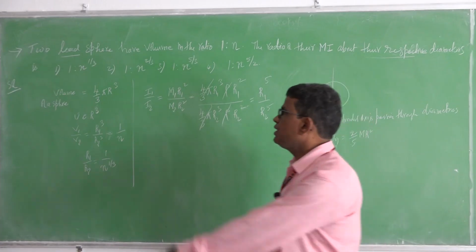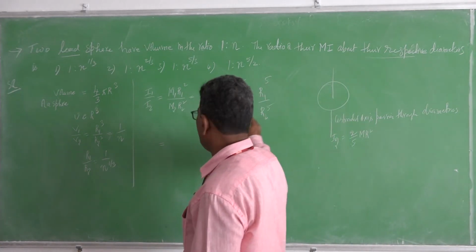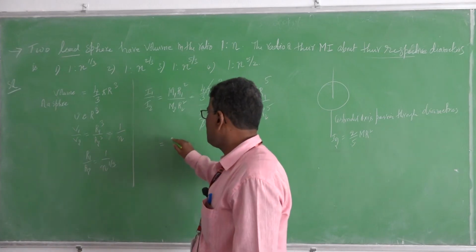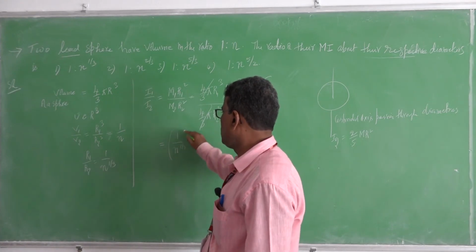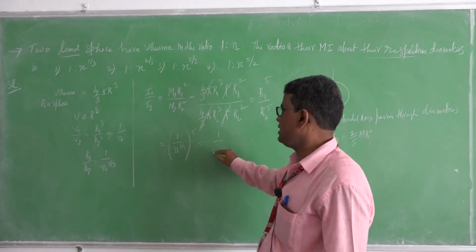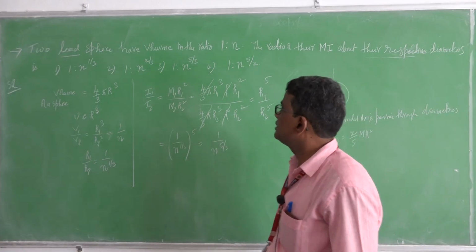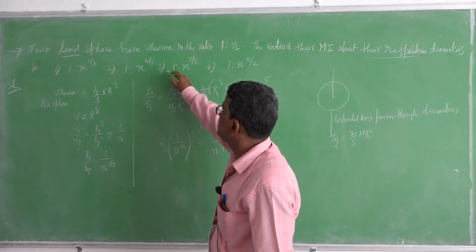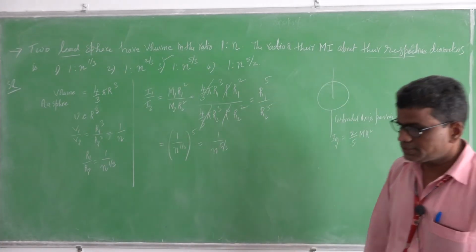R1 by R2 is 1 by n to the power 1 by 3, whole power 5, so that is 1 by n to the power 5 by 3. So this is the answer. The third option is suitable. Take this.